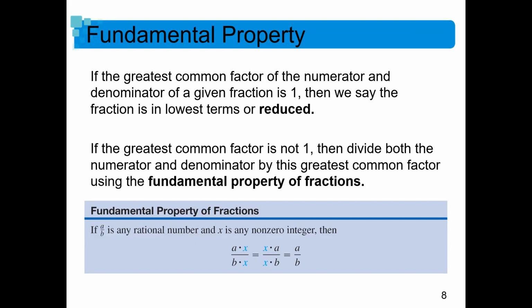If the greatest common factor is not 1, then divide both the numerator and denominator by this greatest common factor using the fundamental property of fractions. So what is the fundamental property of fractions? If a over b is any rational number and x is any non-zero integer, then a times x over b times x is equal to x times a over x times b is equal to a over b.